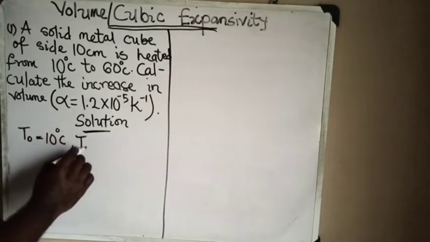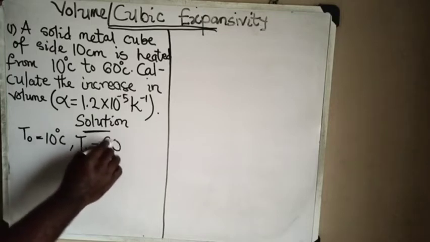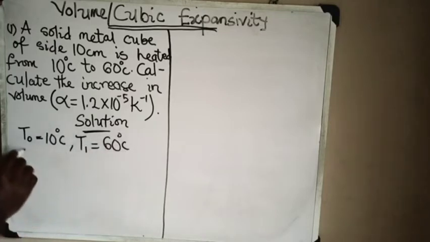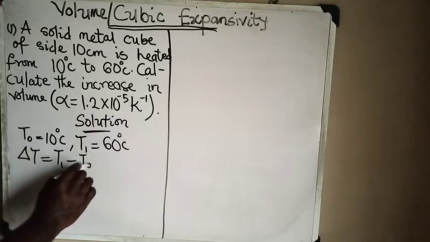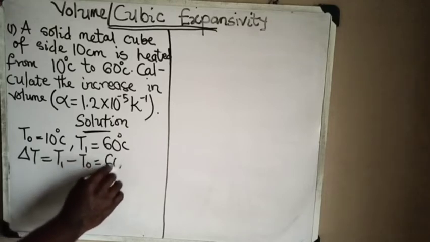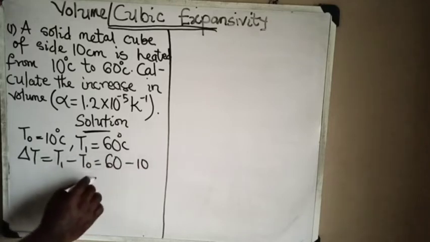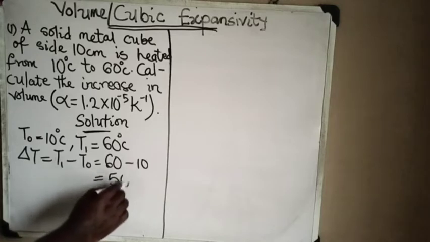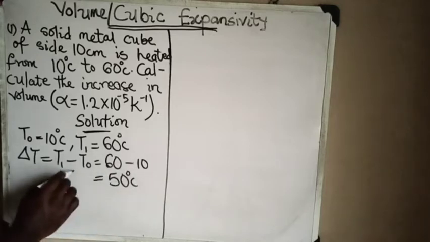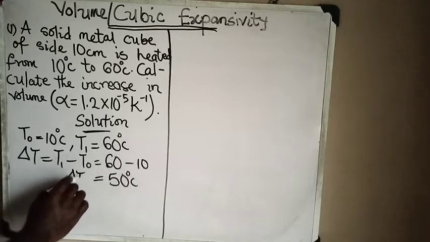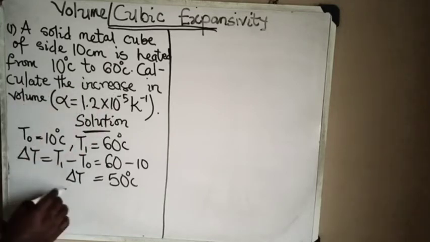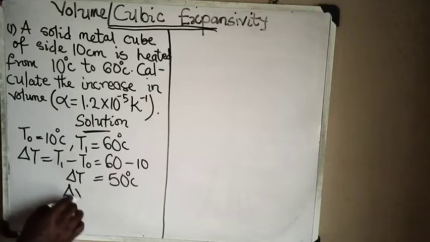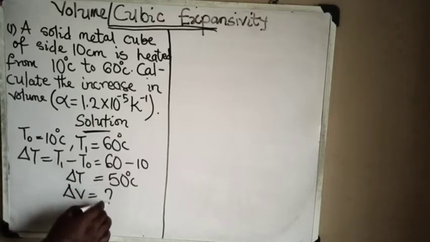Our T1 is 60 degrees Celsius, and then our change in T is equal to T1 minus T0, which is 60 minus 10, giving us 50 degrees Celsius. That's the change in temperature. And so if you calculate the increase in volume, that means to find the change in volume. That's what we are looking for.